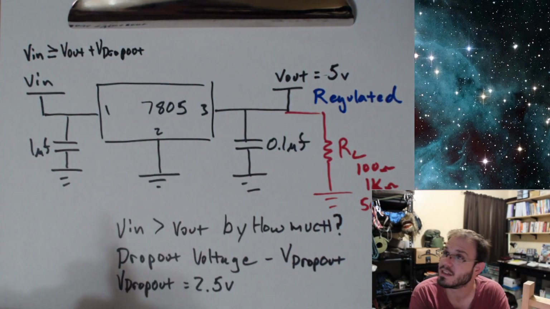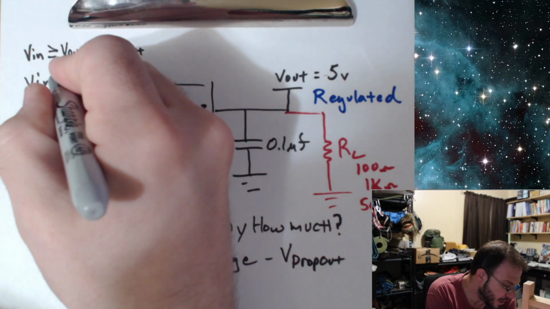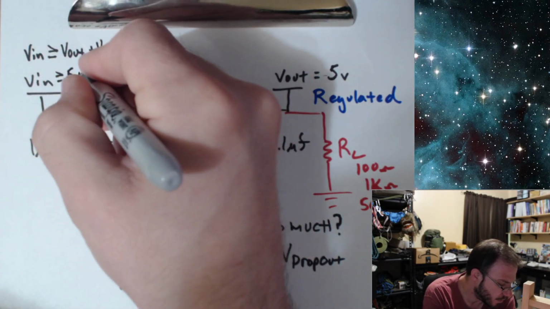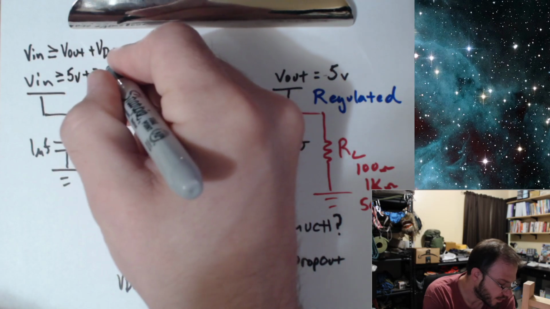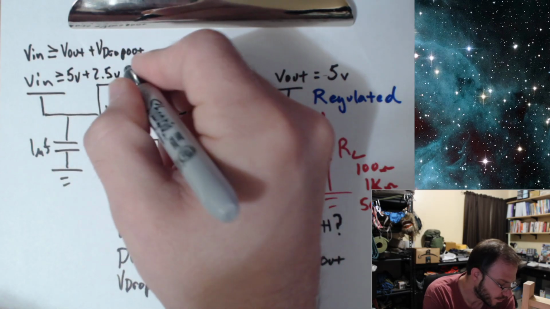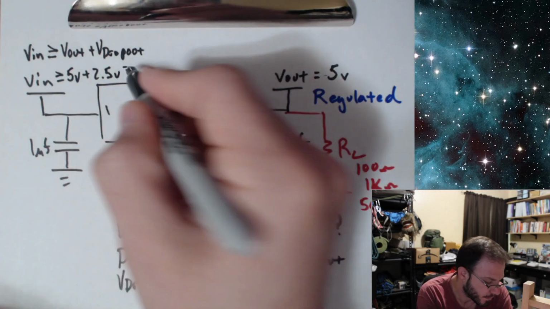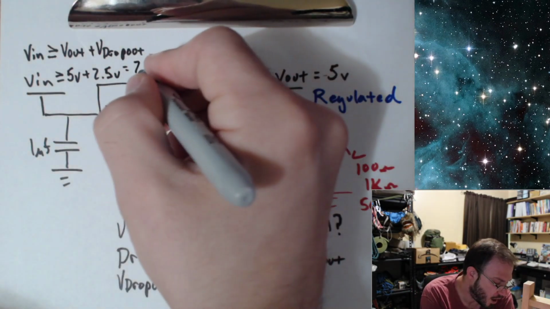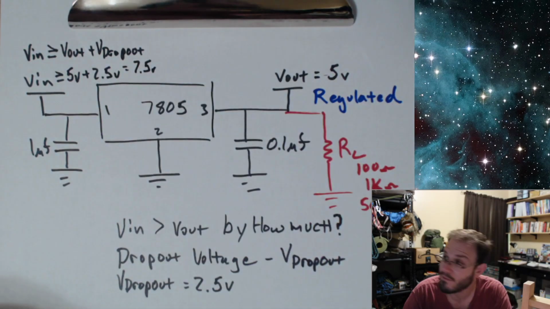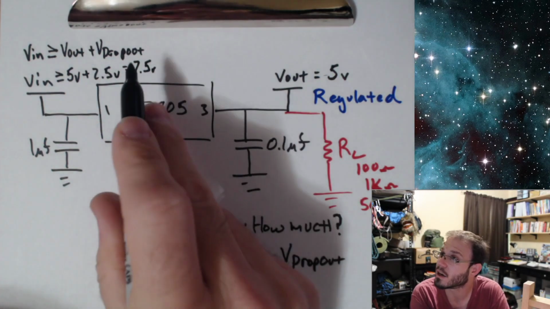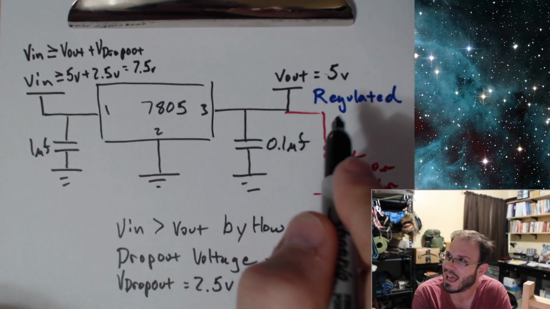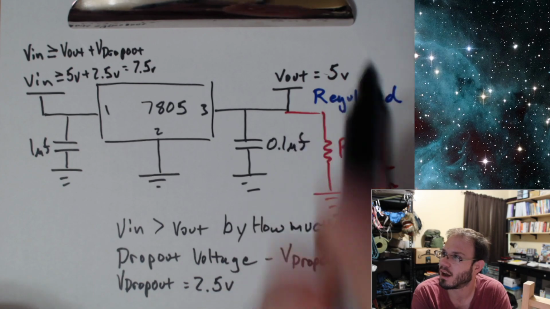So for our specific case, Vin must be greater than or equal to 5 volts plus 2.5 volts, so 7.5 volts. As long as we are 7.5 volts or greater on our input, we will get a trusty and reliable regulated 5 volts on the output.